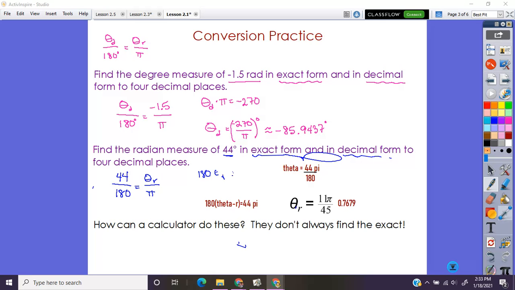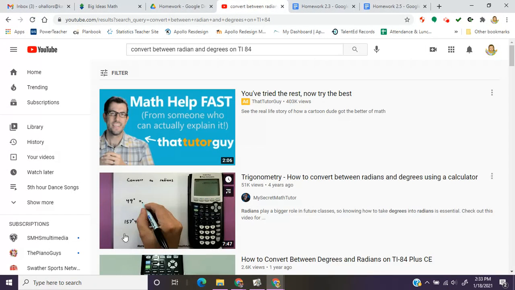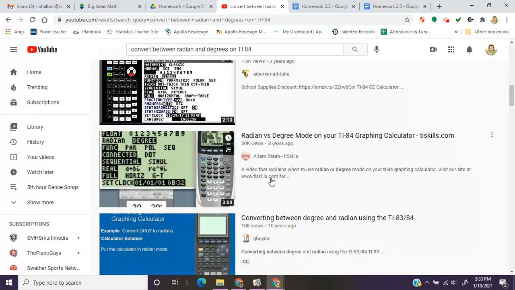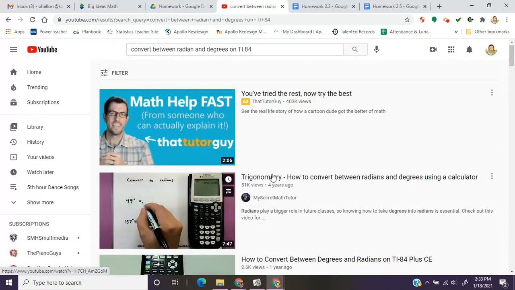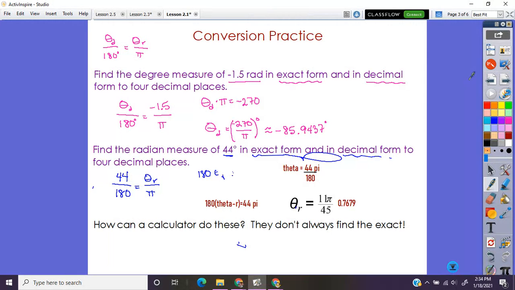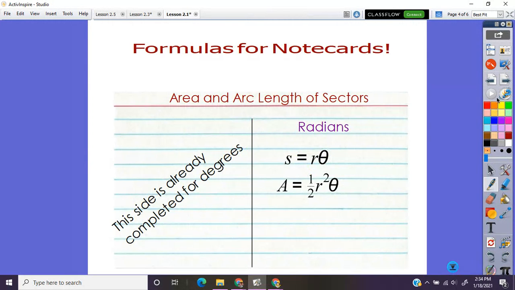So here's my recommendation if you want to see how your calculator does this: do a Google search or a YouTube search for how to convert between radians and degrees on a TI-84 or whatever calculator you have. There are all kinds of videos that walk you through the whole process. So that is converting between radians and degrees. And in the next video we're going to talk about arc length and areas of sectors.